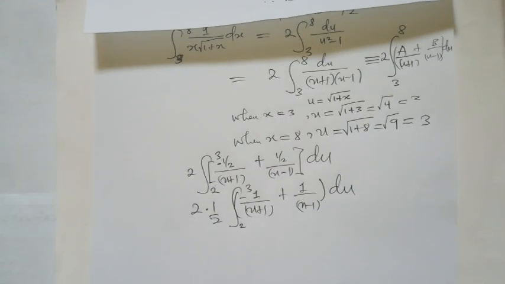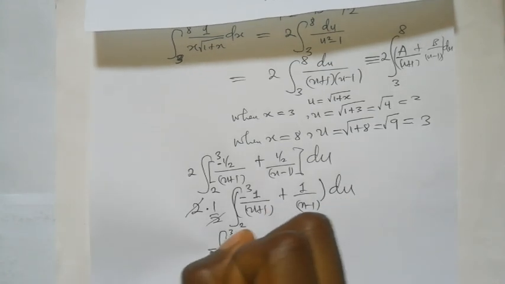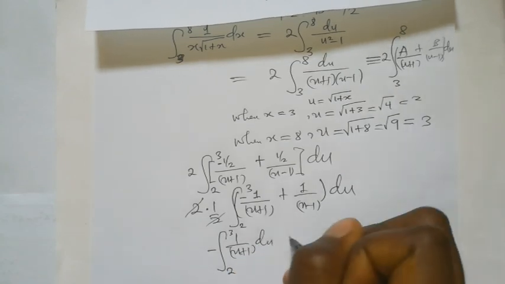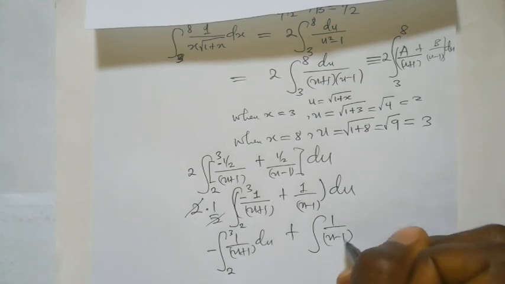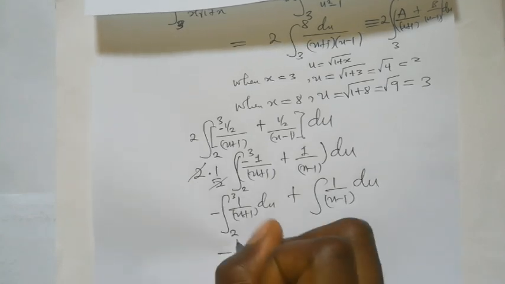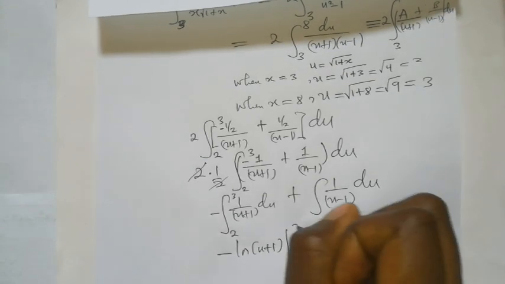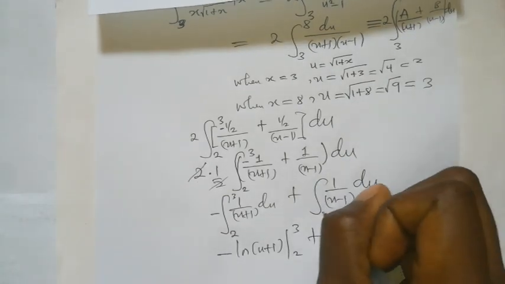So in that case, the 2 will cancel the 2, so we are left with the integral from 2 to 3 of minus 1 all over u plus 1 du plus the integral of 1 all over u minus 1 du. You get it? So the integral of this is going to give us minus ln of u plus 1 from 2 to 3, plus ln of u minus 1 from 2 to 3.